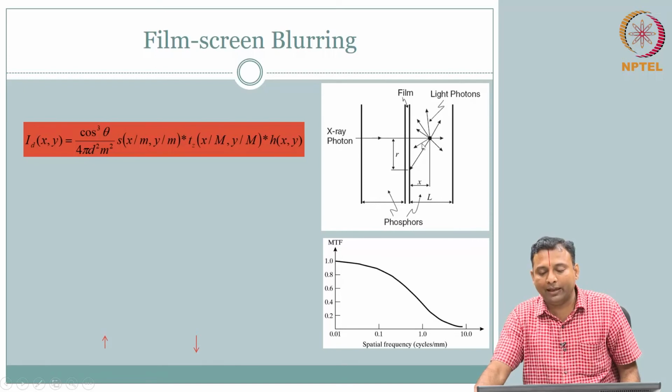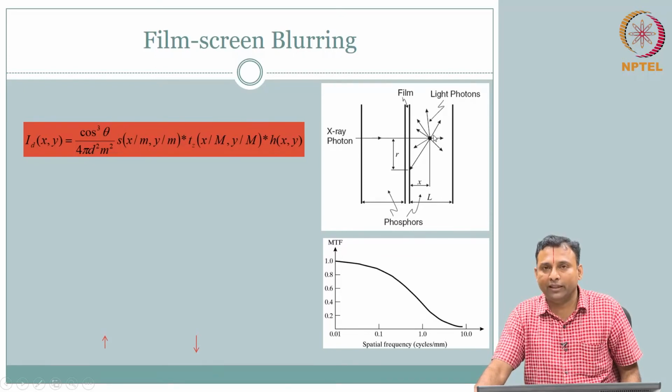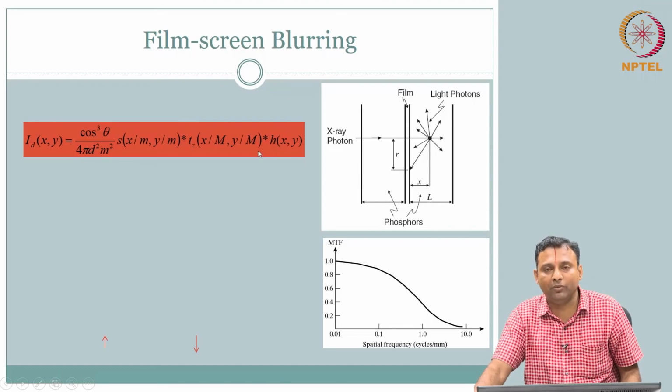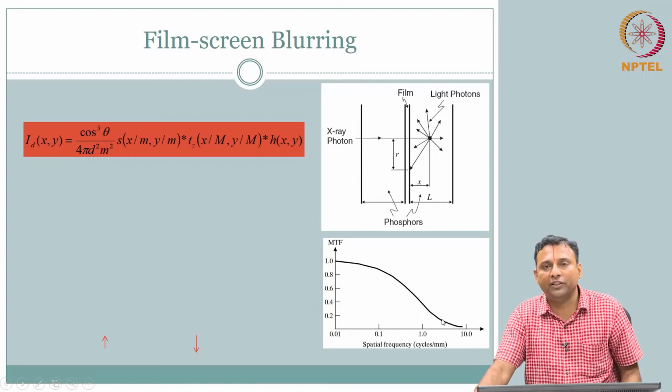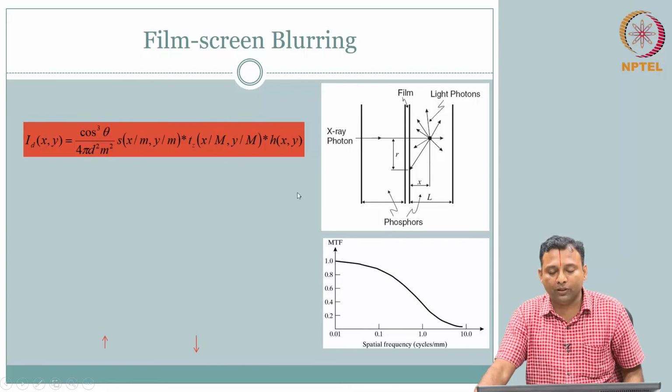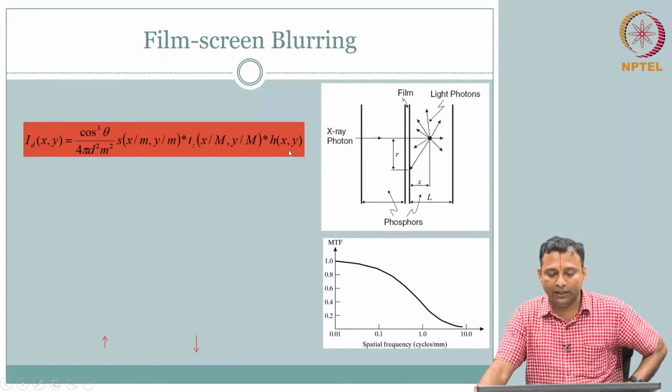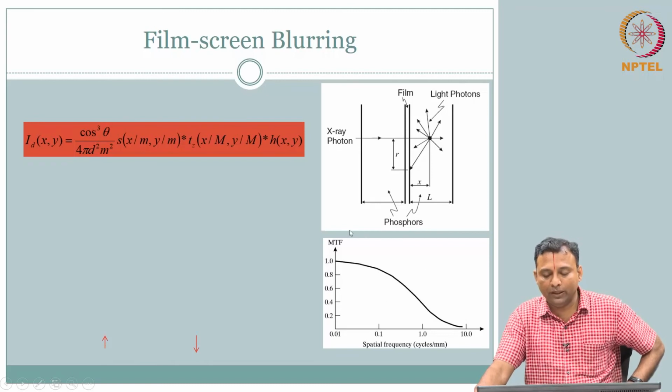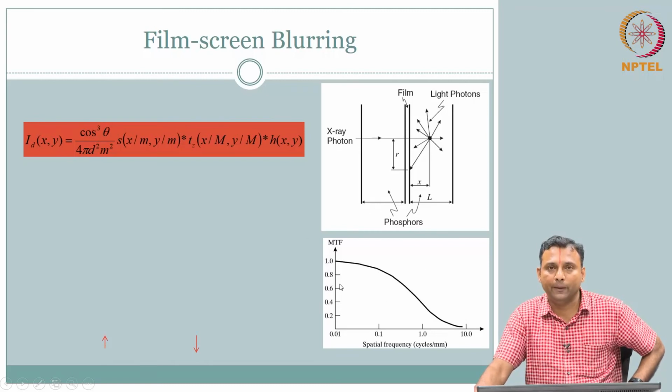So you can characterize this film screen. You can characterize means you can capture the system performance h of x comma y, and we already saw that this kind of plot, which we call modulation transfer function, can be used to capture the system h of x comma y. So this is how it typically looks for the film screen.